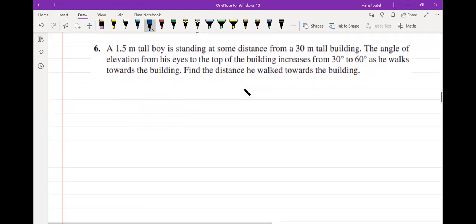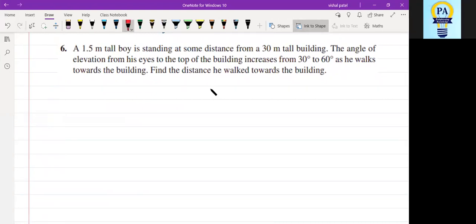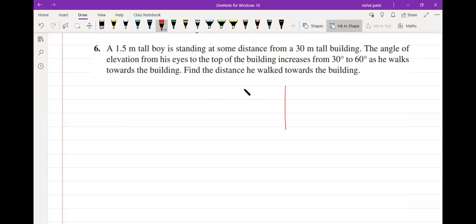Now, students, I want you to read this sum very properly, till the time I'll draw the diagram. Okay, students, just read the question.